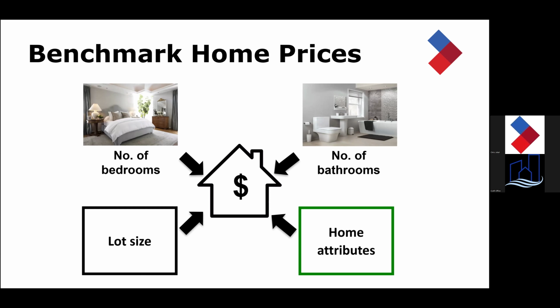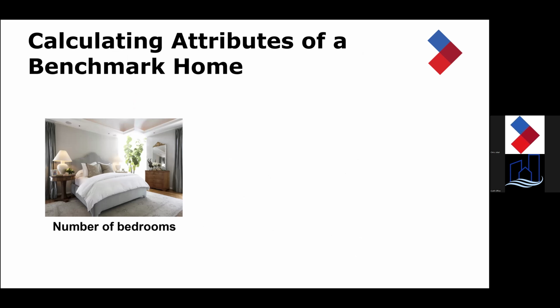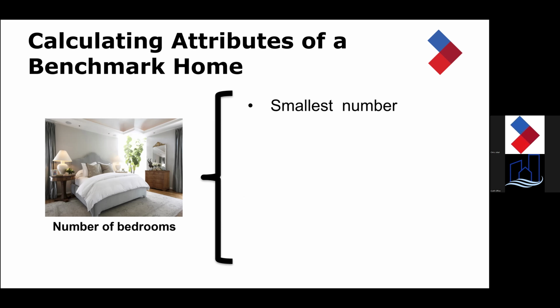So just as a quick example, to get the number of bedrooms for a benchmark home, what we do is first collect all the sales for a certain property type in a particular neighborhood, starting from 5 years before the time the models were developed or the most recent annual review. Then we arrange all of these sales so that they're sorted from the smallest number of bedrooms to the largest number of bedrooms.